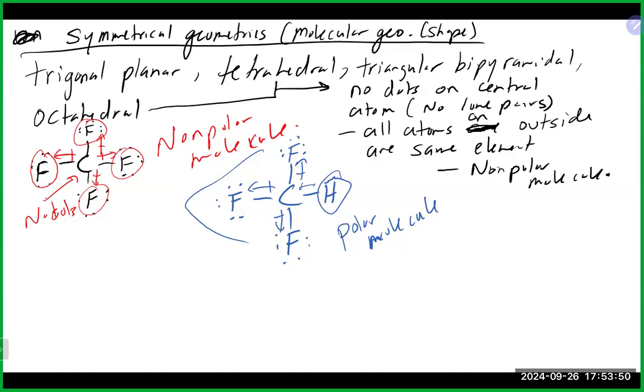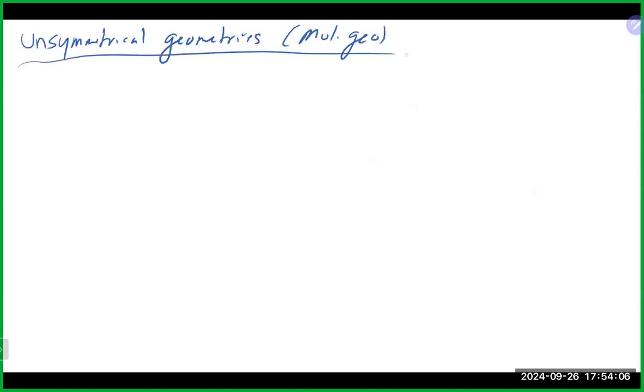That also leaves us, though, some unsymmetrical geometries. And again, these are our molecular geometries. You got those expanded octets, so you got a big list. So let me see if I can remember the list here.